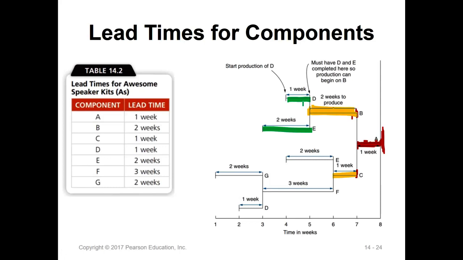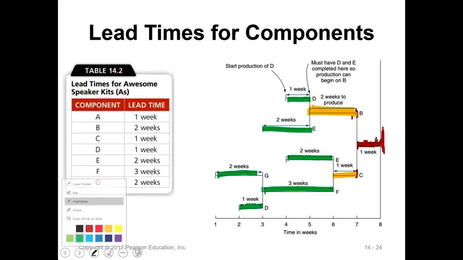And for C, each C needs E and F. E is 2 weeks, F is 3 weeks. But for F, we need both G and D. So if we change the color, it is over here.